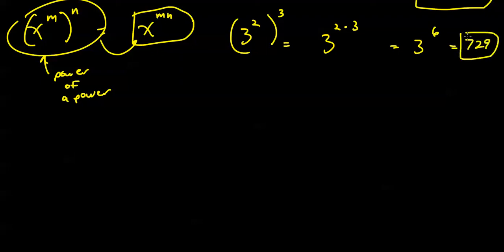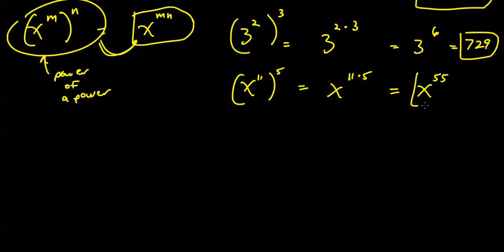So I can easily evaluate that expression with this somewhat simple rule. Similarly, dealing with variable bases, x to the 11th power, in turn raised to the 5th power, is x to the 11th times 5th power, a simple arithmetic problem at the exponent level, really, and that's x to the 55th power completely simplified.